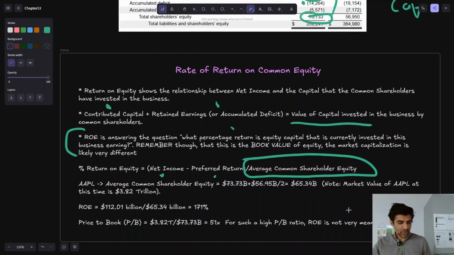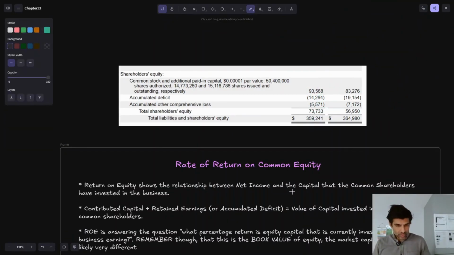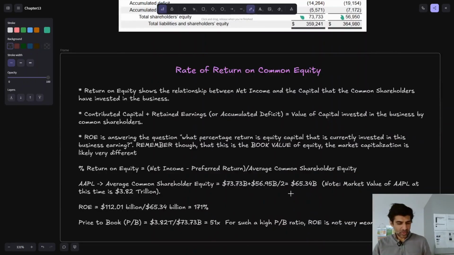So for Apple, we can see that our average common shareholder equity is basically this amount and this amount, the average, because this is beginning of year, this is end of year. So the average of the year is just this plus this divided by 2. So that's where we got this.